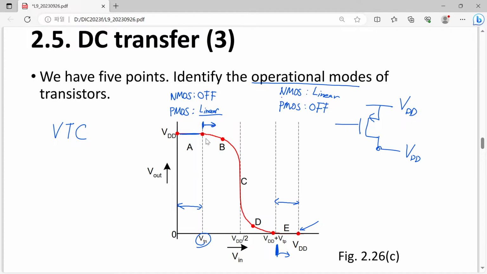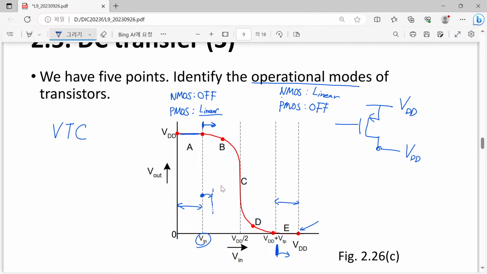Now when we slightly increase the gate voltage of our NMOSFET and PMOSFET over the threshold voltage of our NMOSFET, then we will have a small reduction of the voltage. However, this is quite marginal.